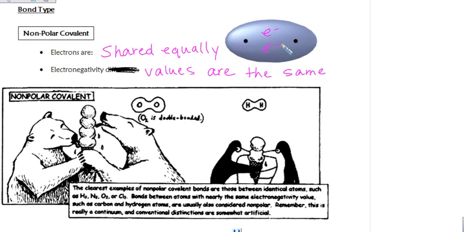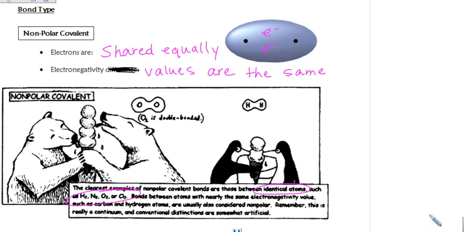The best example of these nonpolar covalent bonds are between identical atoms, and specifically the diatomics. H2, N2, O2, all the halogens. If it's the same atom bonded to itself, of course it has the same electronegativity value.